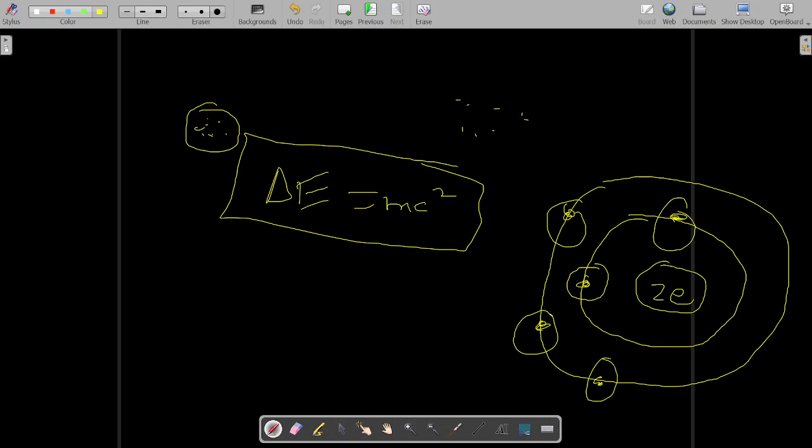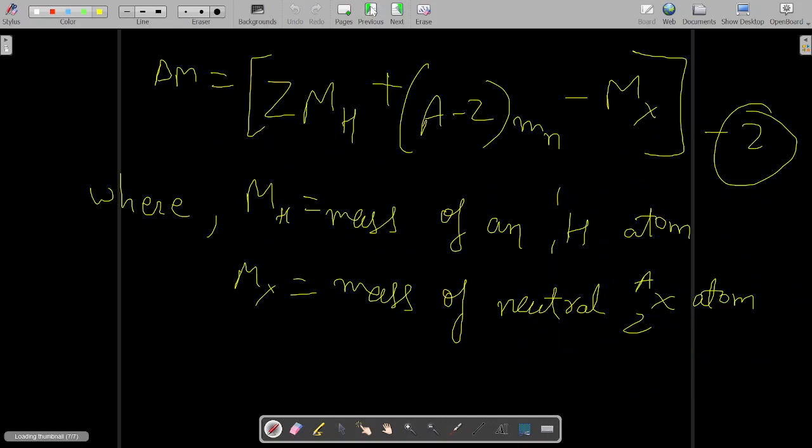So some energy is released in the formation of a neutral atom also.